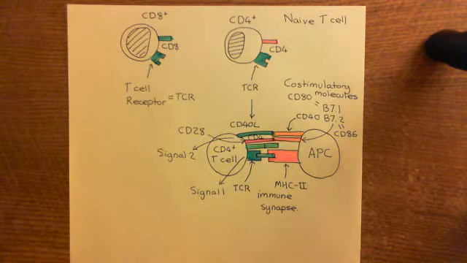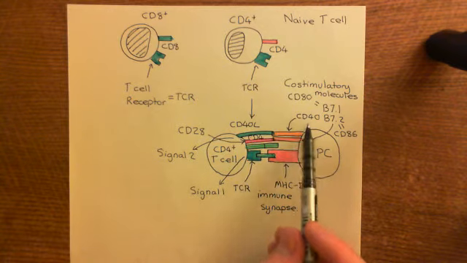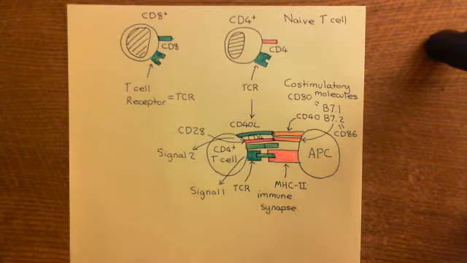So this is a checkpoint, basically, to make sure that this antigen fragment is actually from an invading pathogen. And the co-stimulatory molecules you have are CD40, which binds to CD40 ligand on the surface of the T cell, and B7.1 or B7.2, which bind to CD28 on the surface of the T cell.